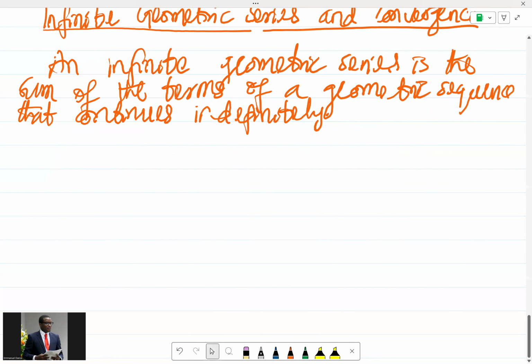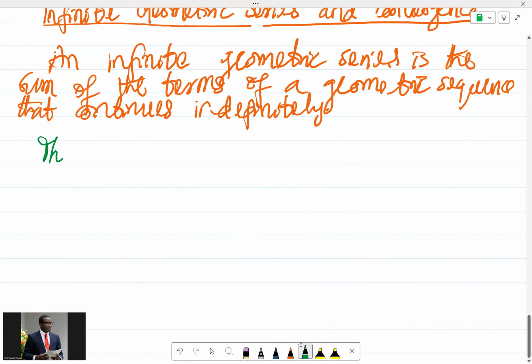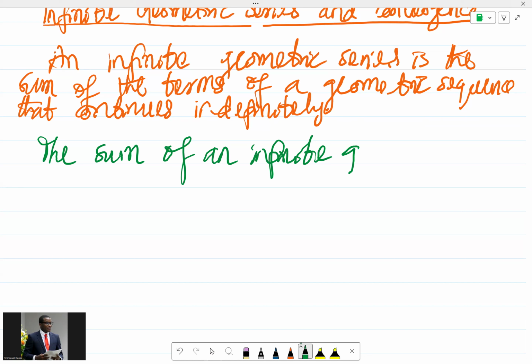The sum of an infinite geometric series actually converges.